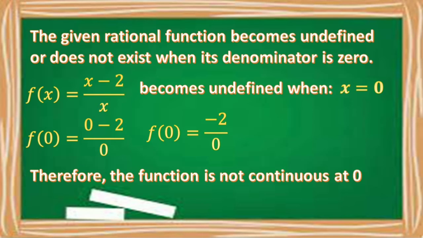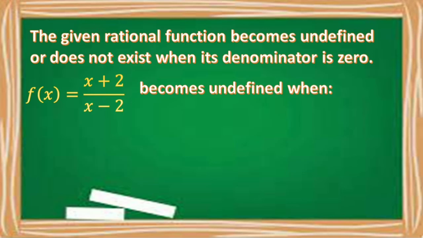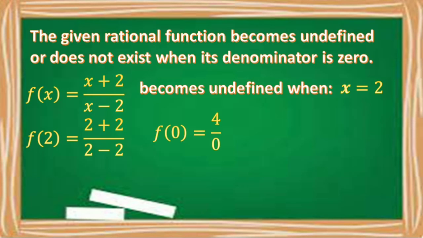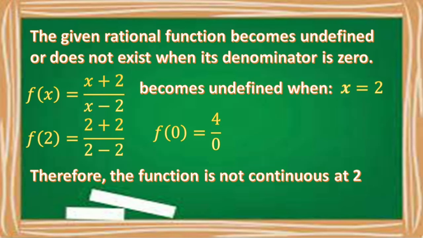Therefore, the function is not continuous at 0. Another, f of x equals x plus 2 over x minus 2 becomes undefined when x equals 2, because 2 plus 2 over 2 minus 2 equals 4 over 0. Therefore, the function is not continuous at 2.